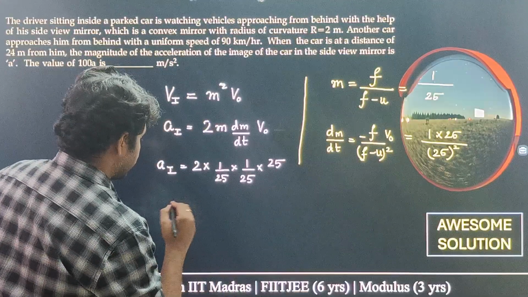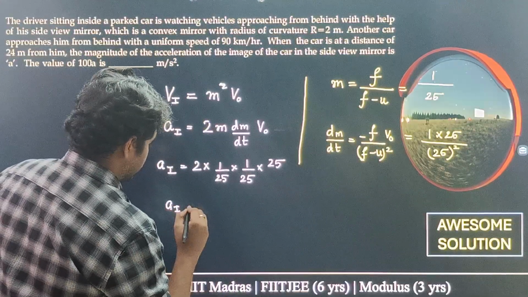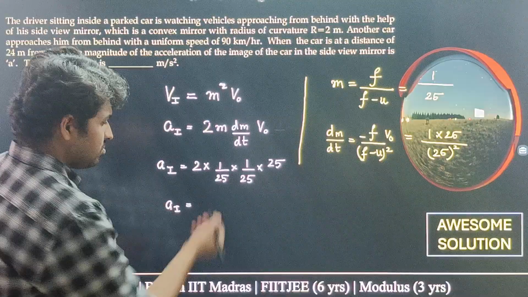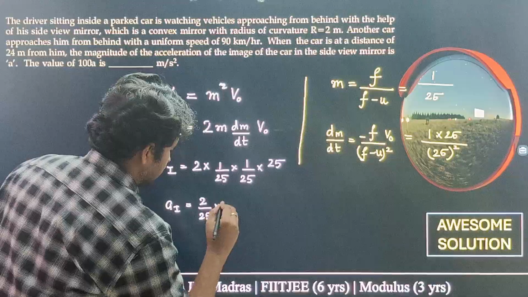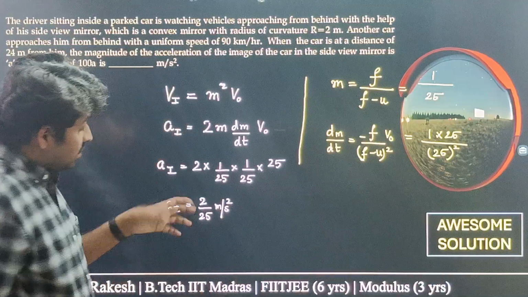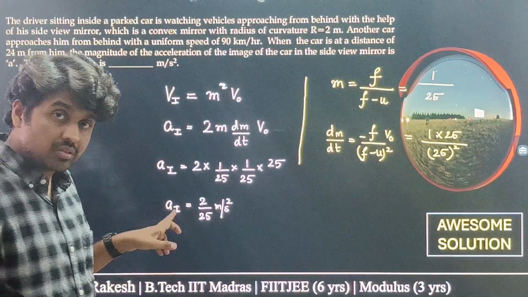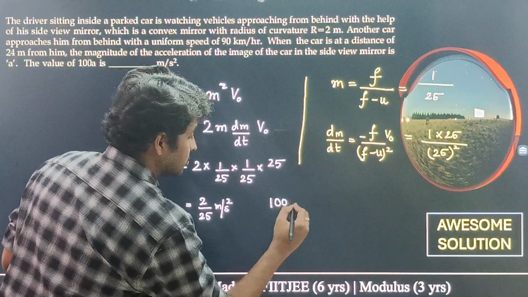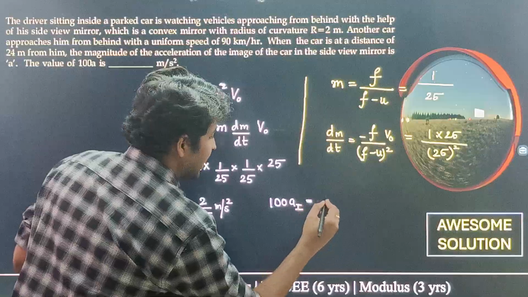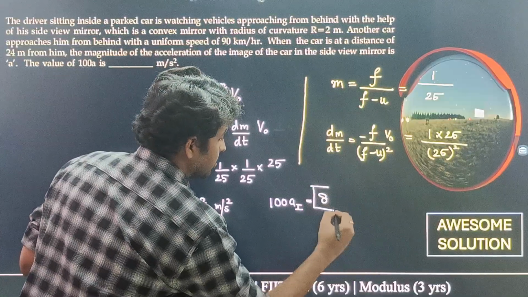So acceleration of image equals 2 by 25. He has asked the value of 100 times AI, so 100 times AI will be 8.